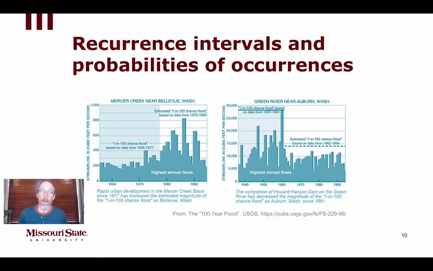per second discharge. Then Bellevue experienced a rapid urban development starting in about 1977 or 1978. And after that period, as the amount of impervious surface rapidly increased, you see that the nature of the annual floods really changed.